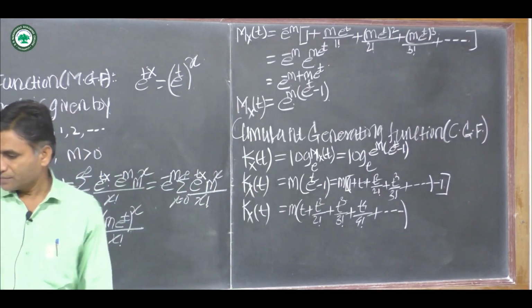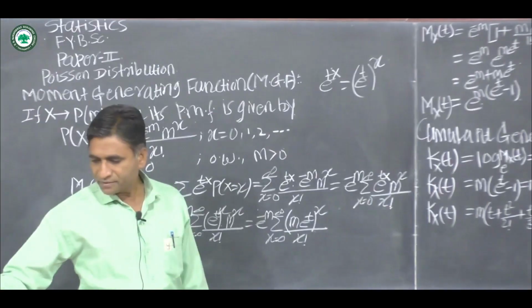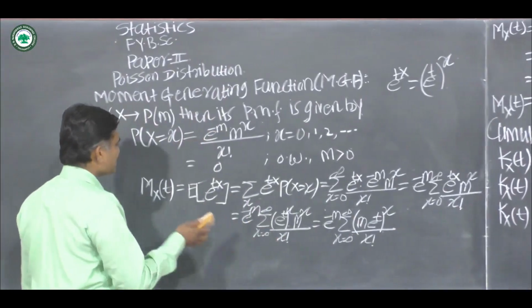Then we have to obtain the cumulants of the Poisson distribution, the first 4 cumulants.